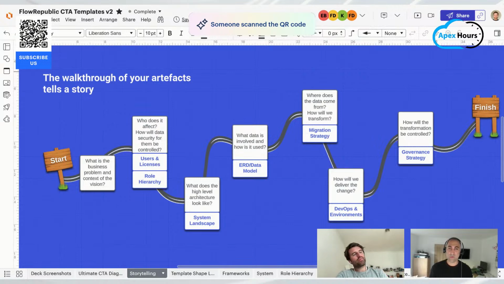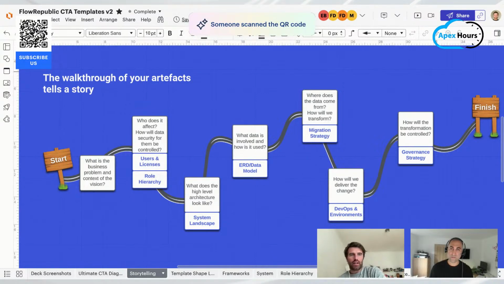How does it help the processes, and what are the risks and impacts that they introduce? Then finally, how do we transform to that solution via migration or some sort of rollout path? And how are the technical teams going to deliver it through the environment strategy or the DevOps? And finally, how will the business govern the decision making and change process? That then provides you with your end-to-end story of how you're going to get there.